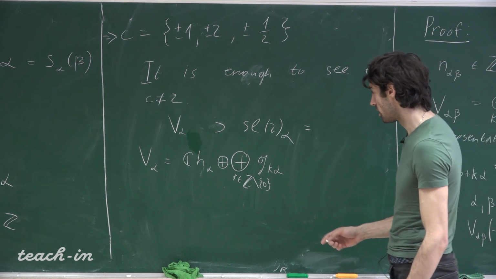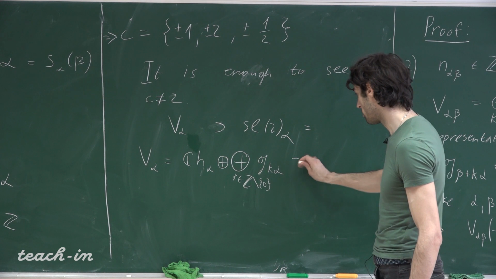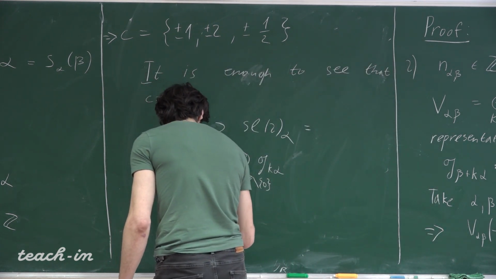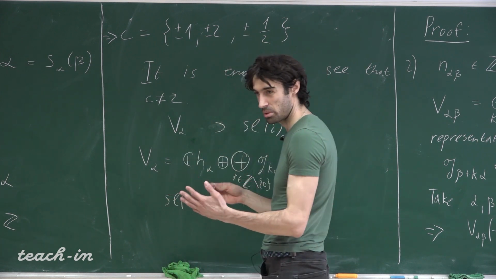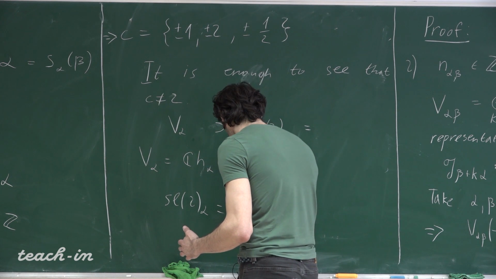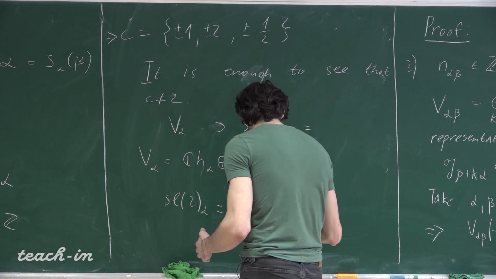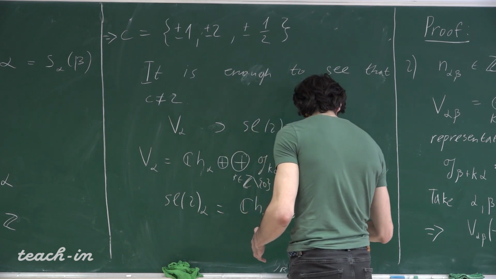But SL2 alpha has a triangular decomposition. It is exactly CH alpha plus G alpha plus G negative alpha.